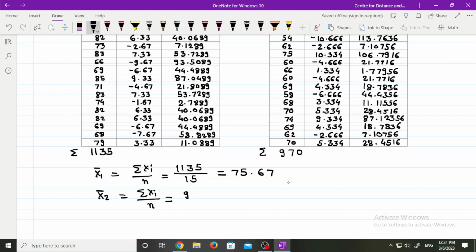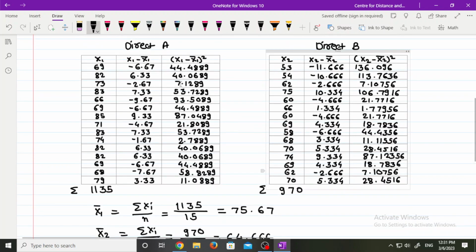So we write 970 divided by 15, and we get 64.666. So x1 bar is equal to 75.67 and x2 bar is equal to 64.666.